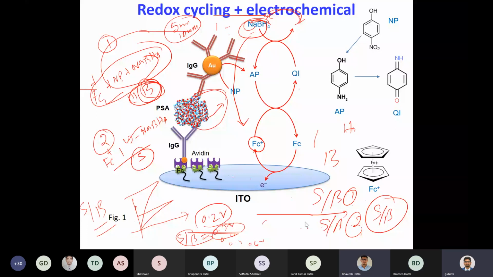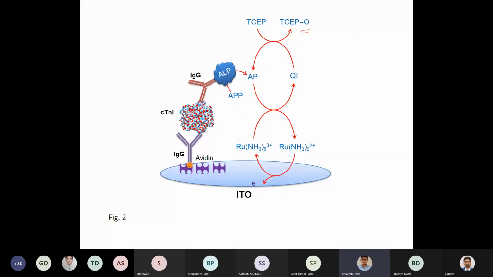Sir, in that particular ALP case, will the ALP enzyme catalyze any other reactions, especially with the markers or the sample we are putting in, and give any signal or background?